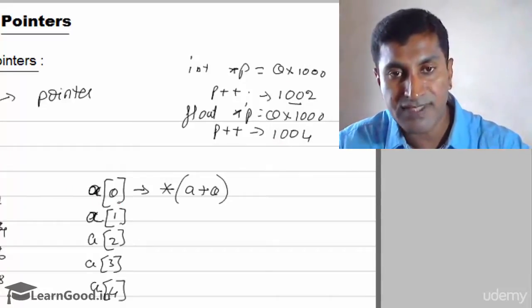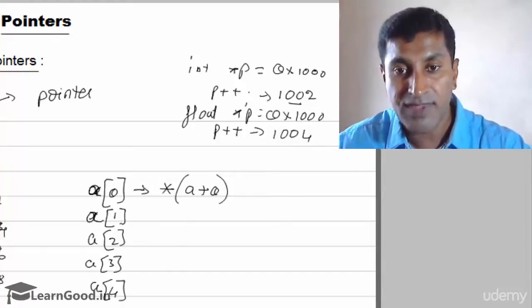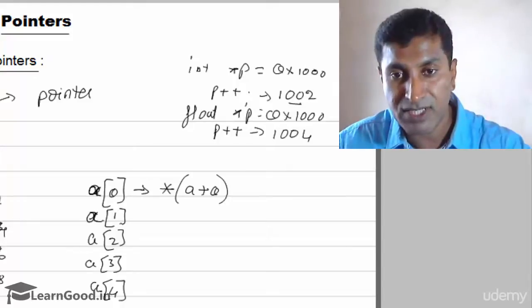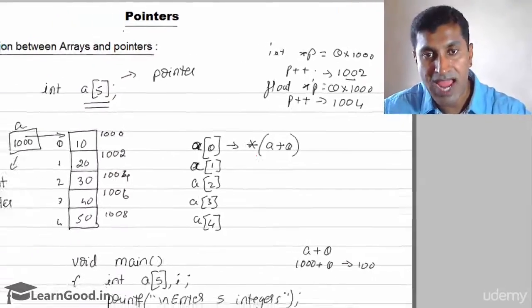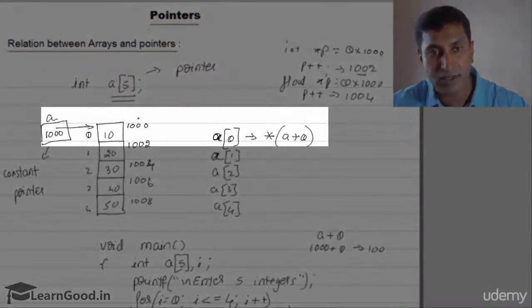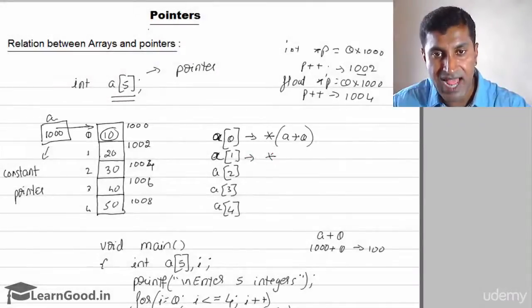So when you give a of 0, internally it takes it as asterisk of a plus 0. A plus 0 is what? The a value is 1000 plus 0. So integer pointer plus 0 is nothing but 1000, and asterisk of 1000 gives you the value 10. In the same way, when you give a of 1, internally it takes it as asterisk of a plus 1.